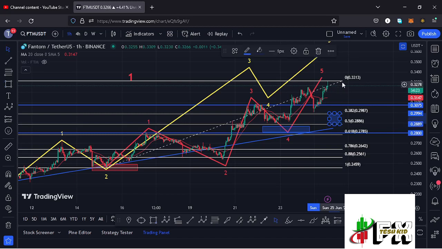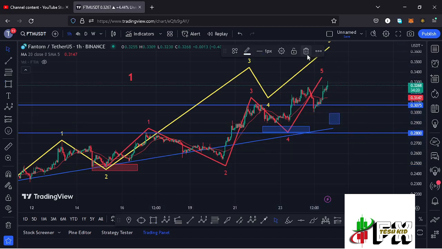So in case we are unable to continue gearing up to get one more high over here and we continue seeing further breakdown, then we can watch out for this blue target area down here as a minimum reversal area for that fourth wave to the lower side.